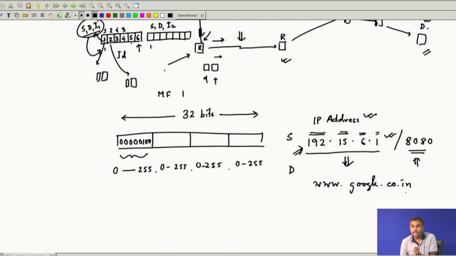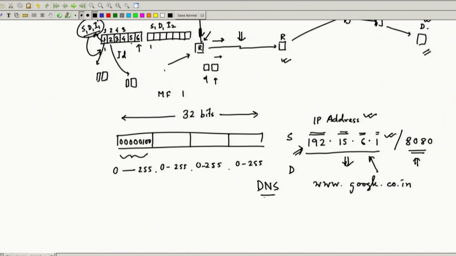As you can see, this is also typed with dots. So, it is almost similar to an IP address, and this is what happens. We will see later that instead of having these numbers, people have come up with corresponding names, so that people can remember those things. And there is something called DNS or domain name server, and this DNS enquiry, from which we can find the IP addresses, or from the name we will be able to find the corresponding IP address. So, whenever we type this, it has a corresponding IP address.